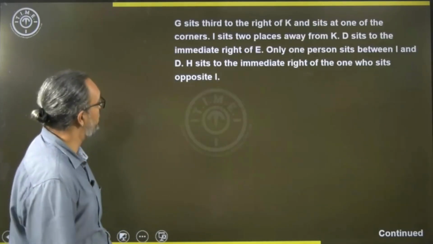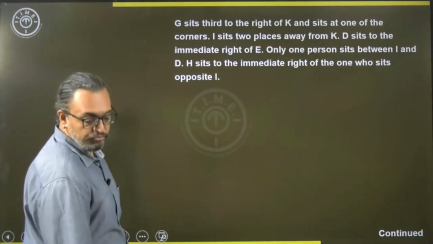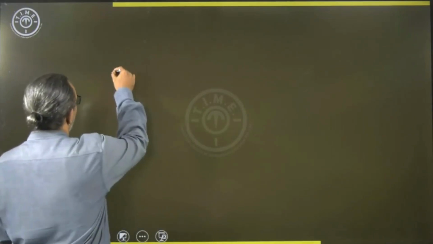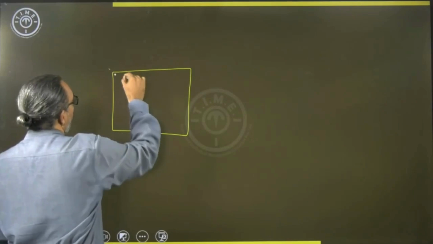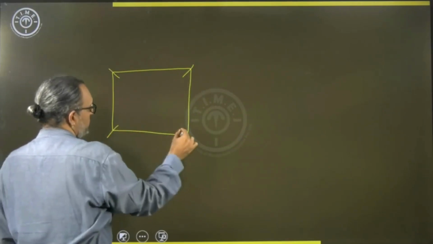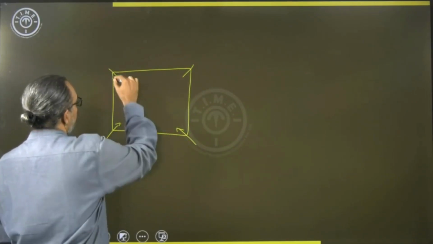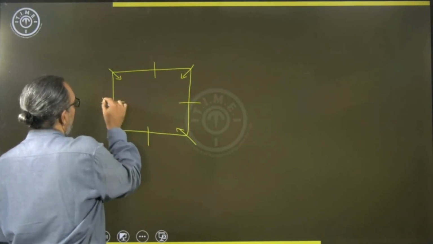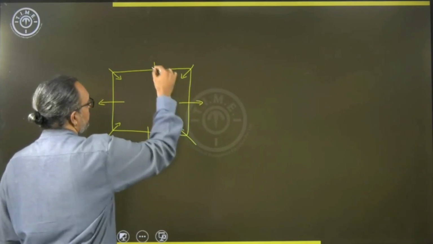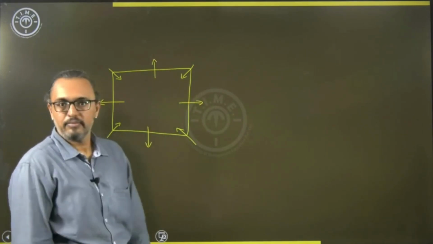Okay, so let's take the square and then we'll look into the information. So 4 people are seated at the 4 corners and are facing the center, and the other 4 are seated in the middle of the sides and are facing away from the center. Correct?